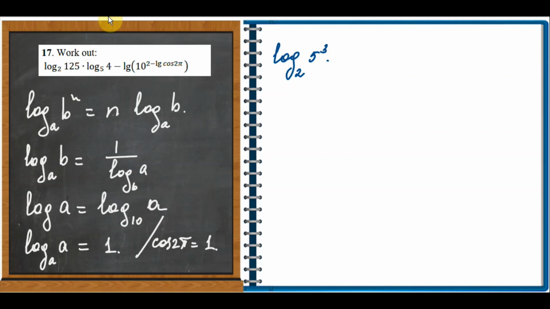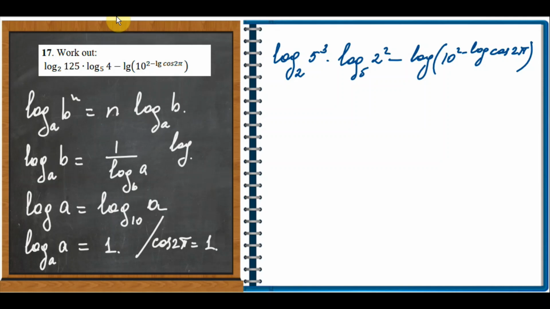Logarithm base 2 of 125, logarithm base 5 of 4, is 2 squared minus logarithm, here there is no base, it means it's 10, 10 squared minus logarithm base 10 of cosine 2 pi. Also, let me write one thing here: logarithm base a of 1 is equal to 0.